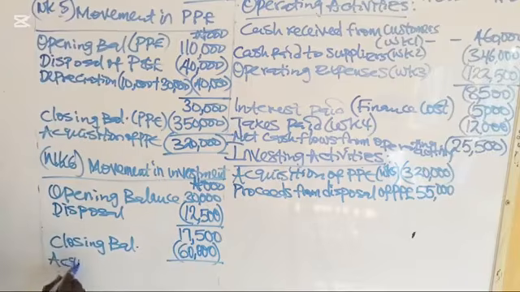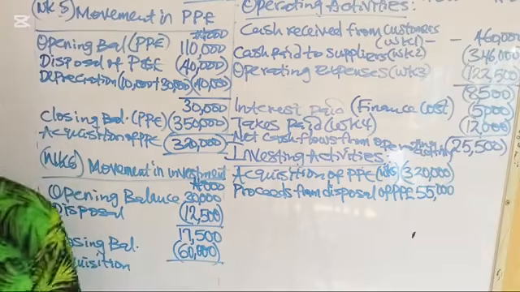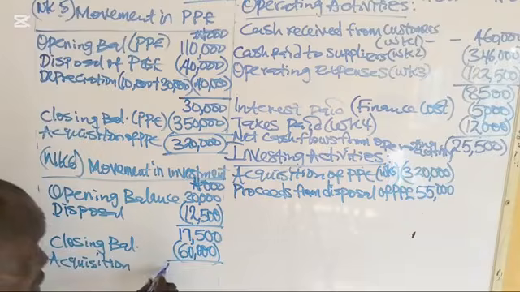Acquisition of investment during the period. Cash. How much is the cash paid? 42,500.